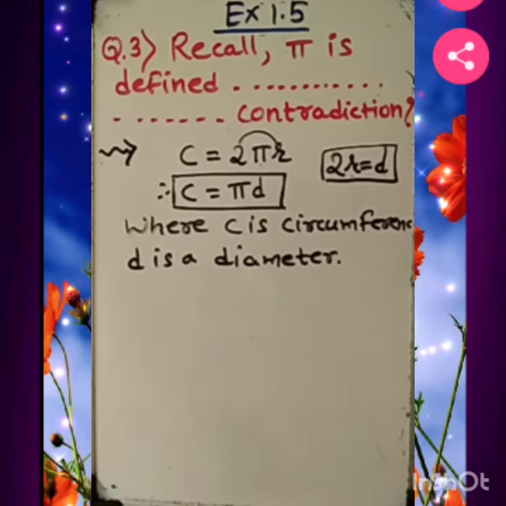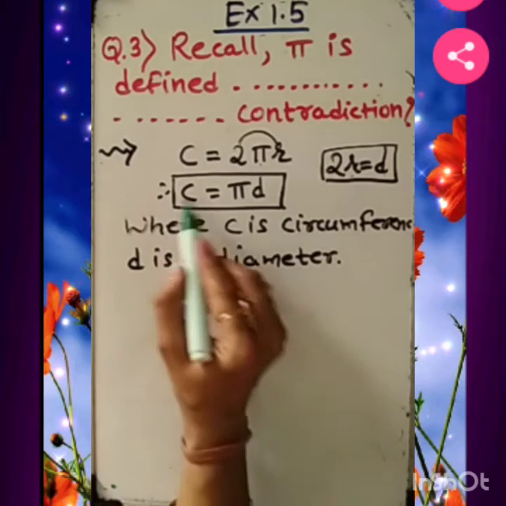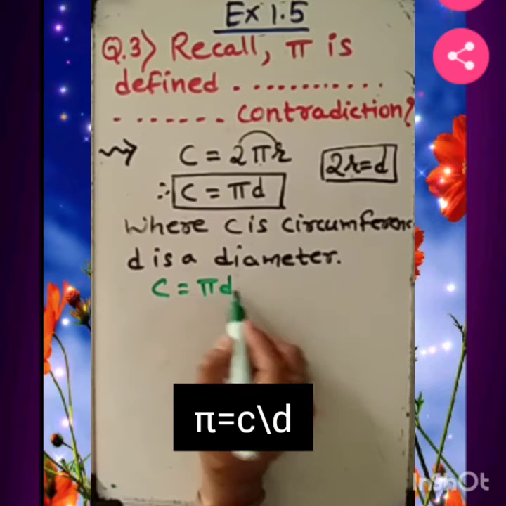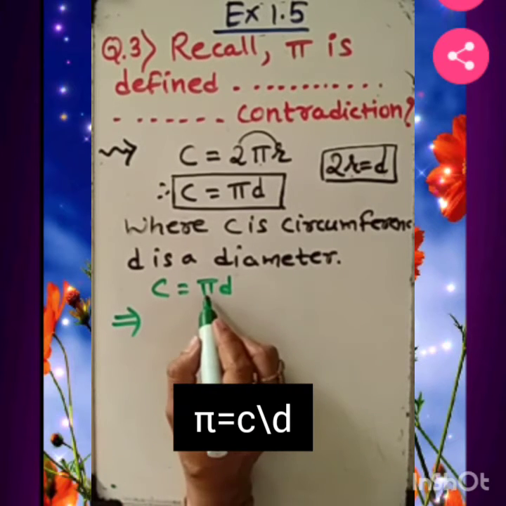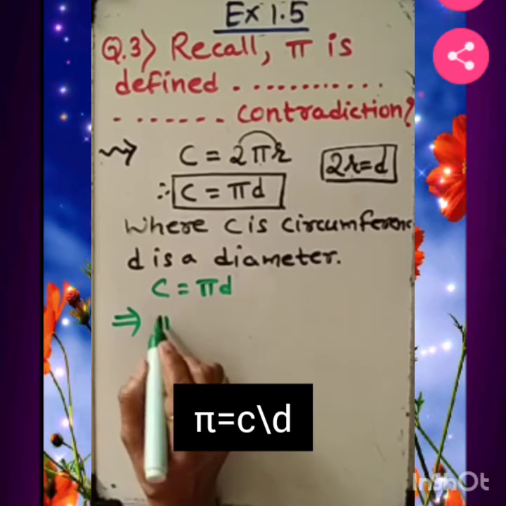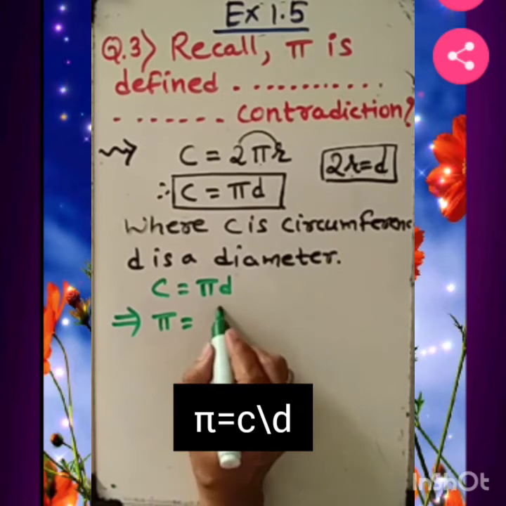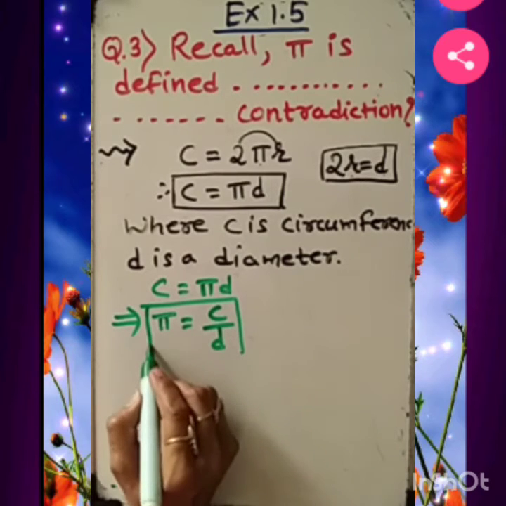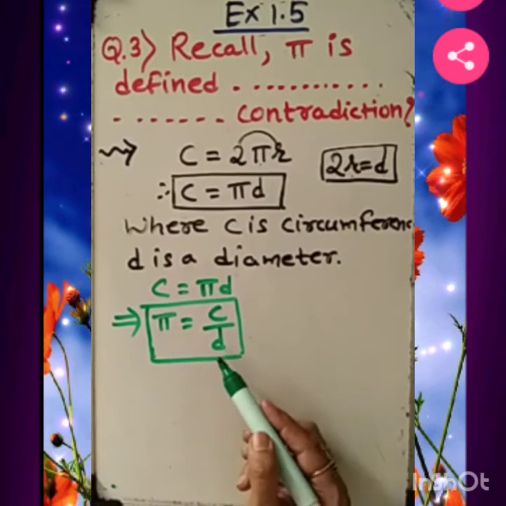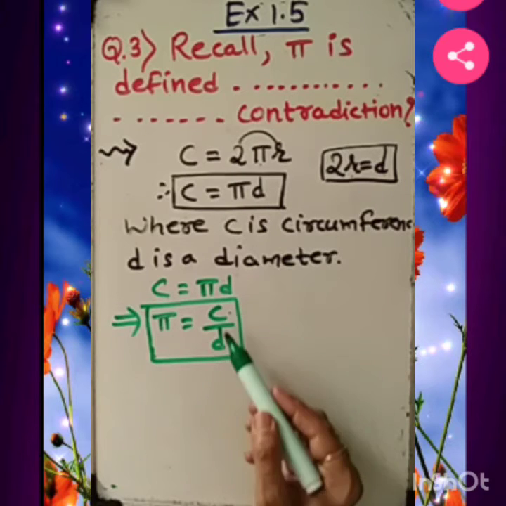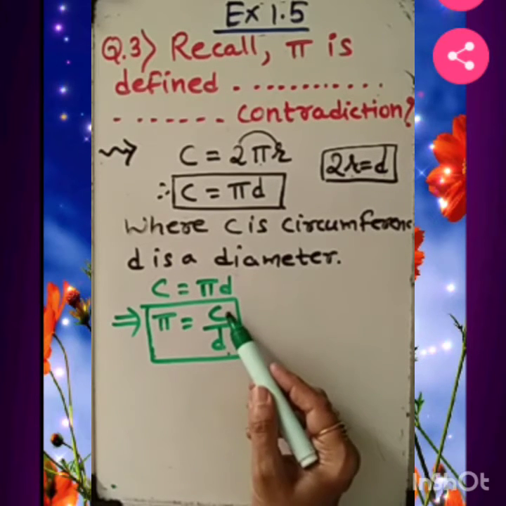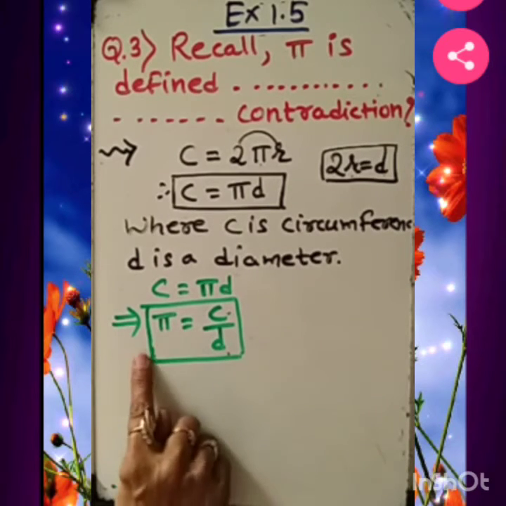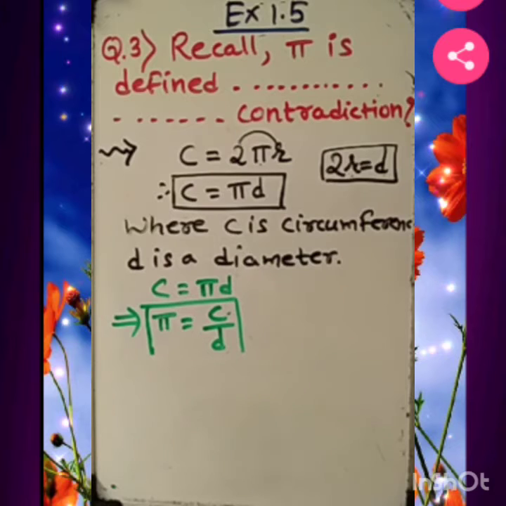Now, if I ask you to make pi the subject in C equal to pi d, then pi will become C by d. Means when we divide the circumference by the diameter, then we will get the value of pi.